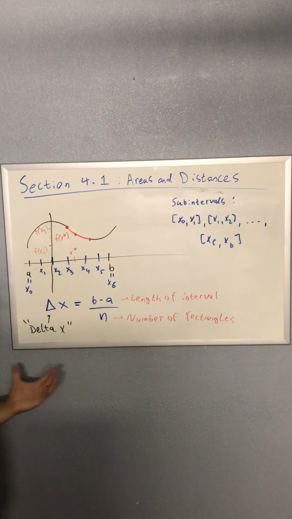So the numbers x1 star, x2 star, and we could start at 0, it doesn't matter, it's kind of up to your taste, up to xn star. So these numbers that we picked, either these are left endpoints, right endpoints, or some arbitrary ones. We will also do the midpoint.